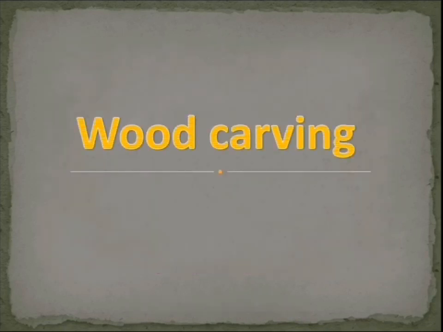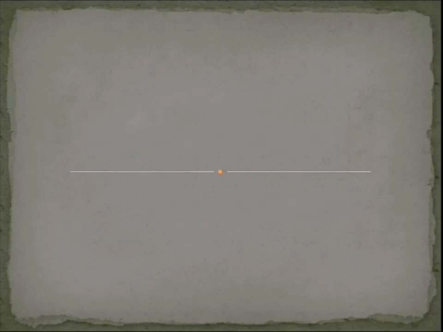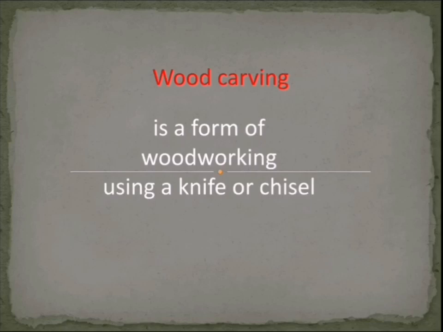Now let's proceed to wood carving. Wood carving in Thai means, okay, let's define what is a wood carving. Let's read. Wood carving is a form of woodworking using a knife or a chisel.